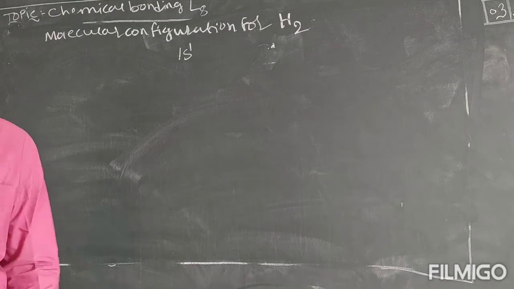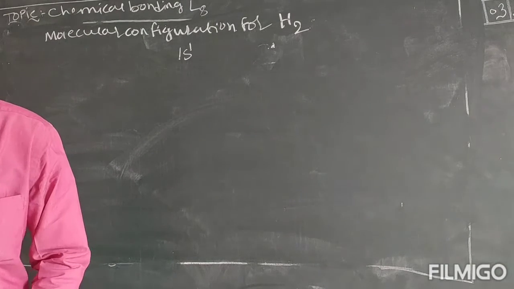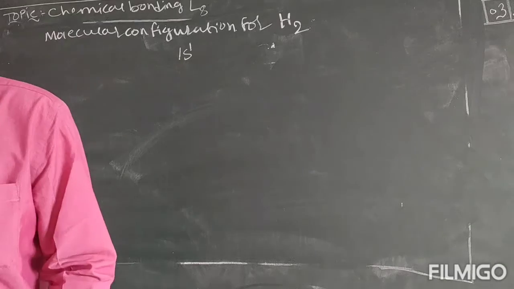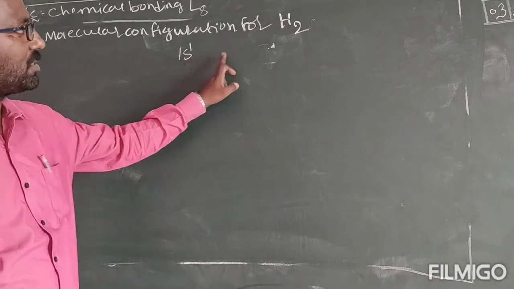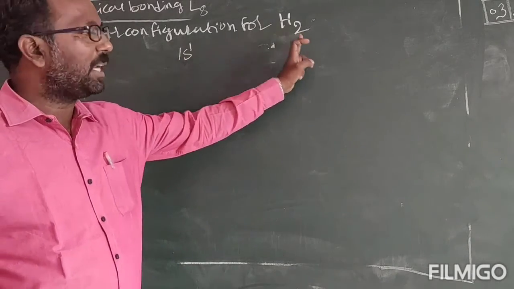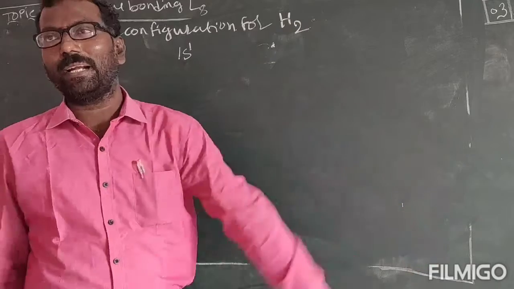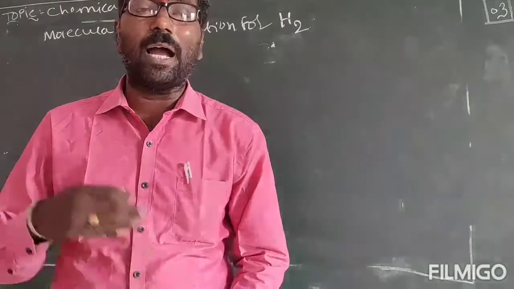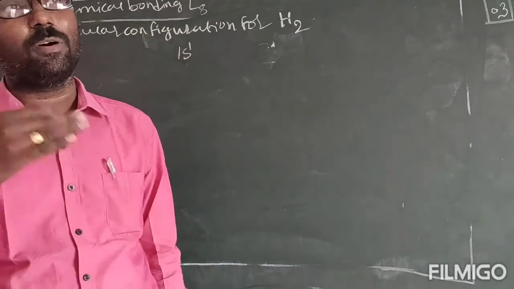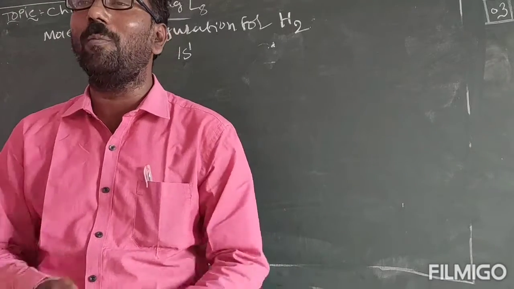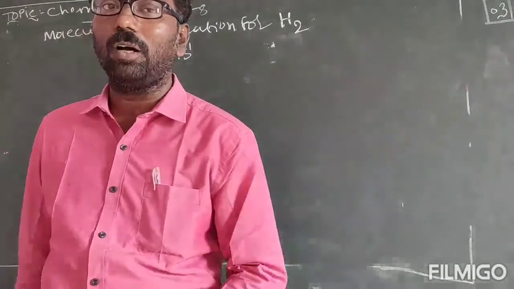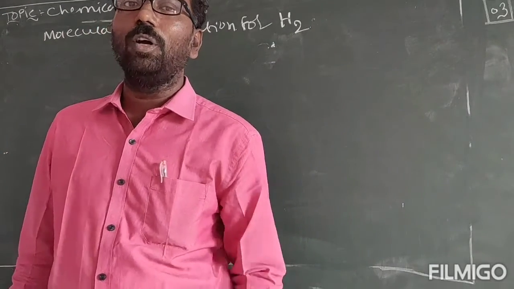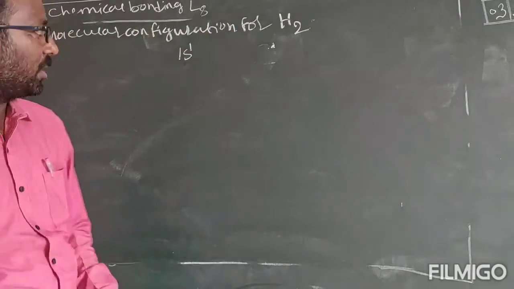Is it or not? So in the H2 molecule, the 1s orbital of one hydrogen donates 1 electron, and the other hydrogen atom also donates 1 more electron. So totally how many electrons are there in the bond formation now? 2 electrons are there totally.